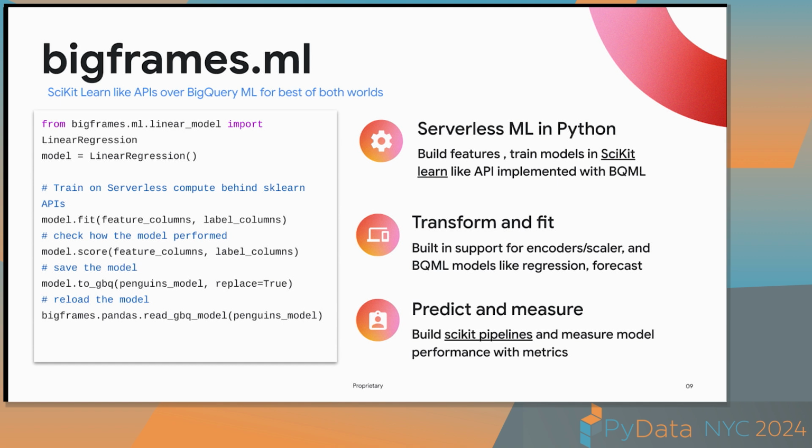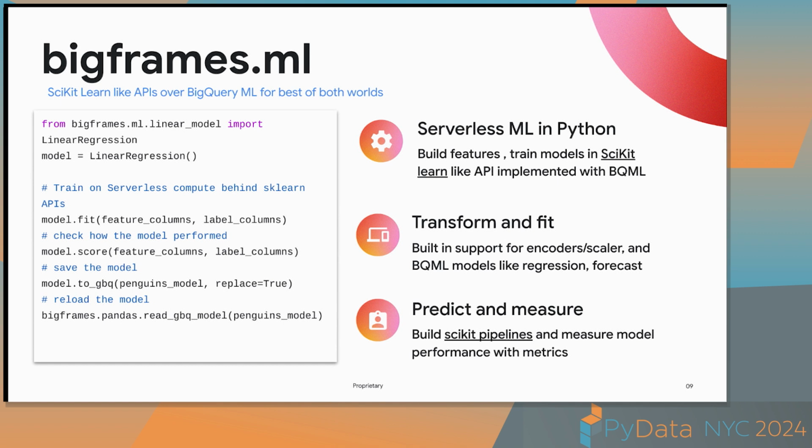On the ML side, it's less of a drop-in replacement here. It's more inspired by scikit-learn, I would say. Although for simpler models like linear regression, it is pretty close to a drop-in replacement. These are built on BigQuery's machine learning API.